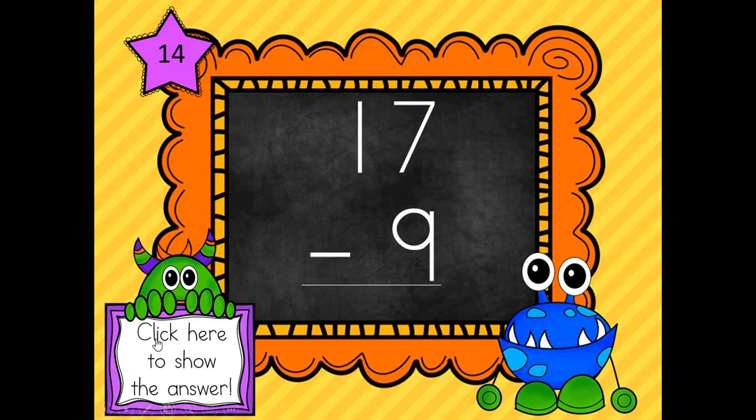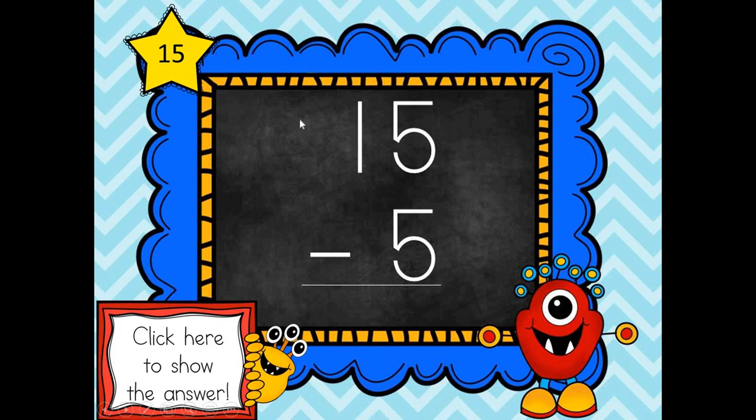Did you get 8? Good. 15 take away 5. This will be our last one and we'll get to get up and wiggle some more. This one might have been easier to start at that big number and count back. Did you get 10?